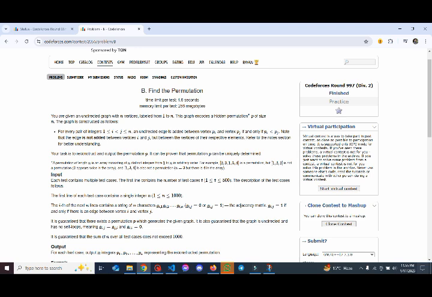In this problem, they gave us a graph with n vertices labeled 1 to n.